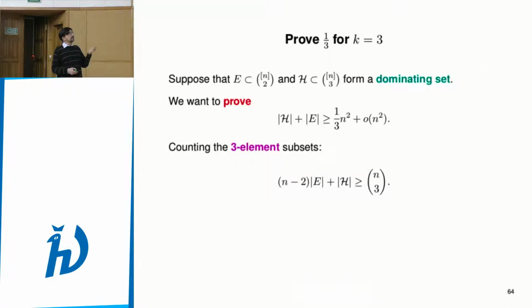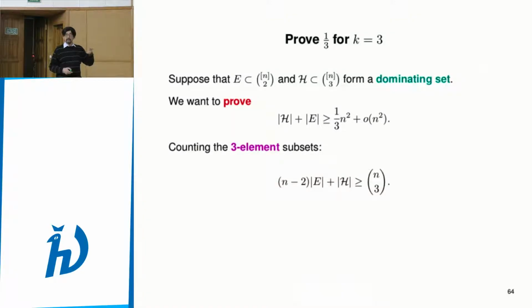If you count the 3-element sets, then for every edge, you can add 1 point to get a 3-element set.